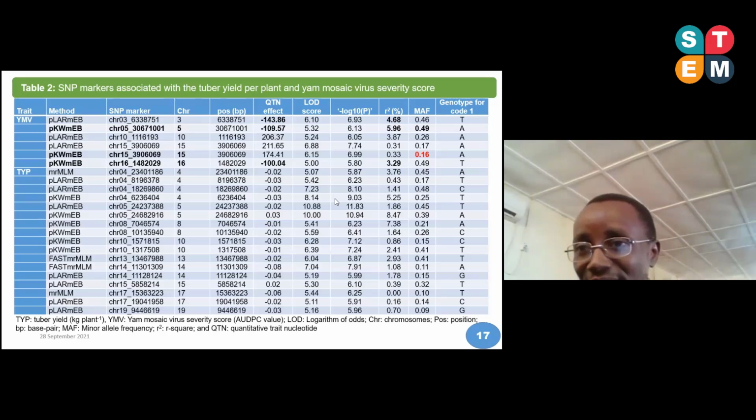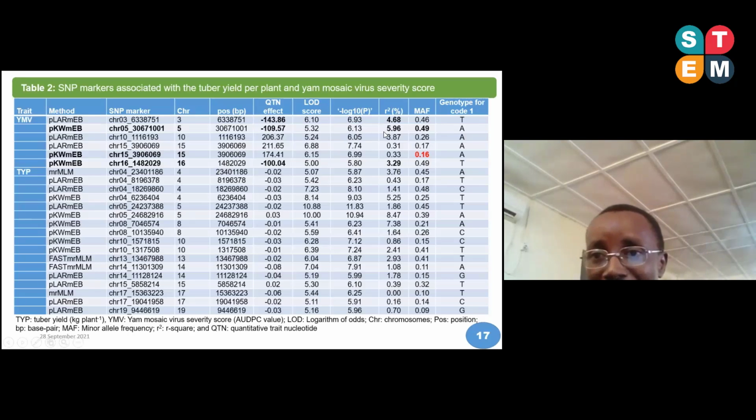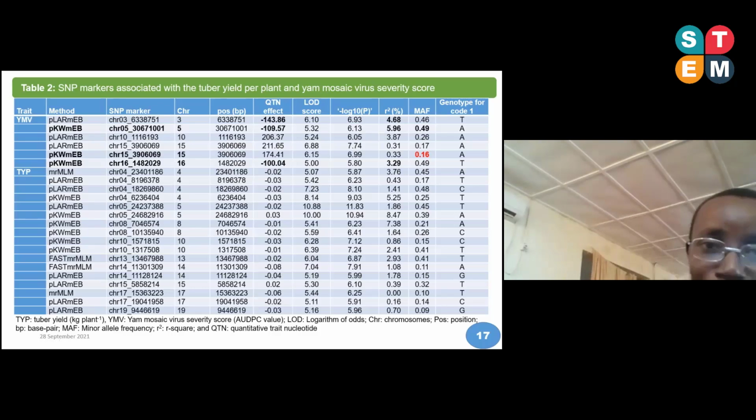So we can see here, for instance, for the Yam mosaic virus, there are three markers that had negative quantitative trait nucleotide effects.